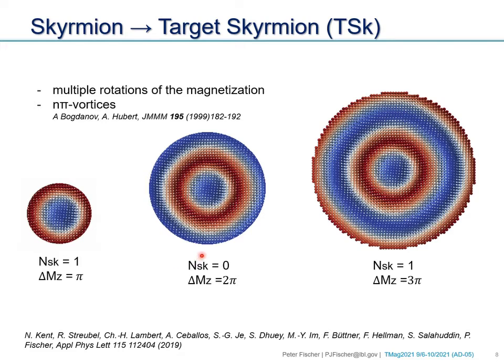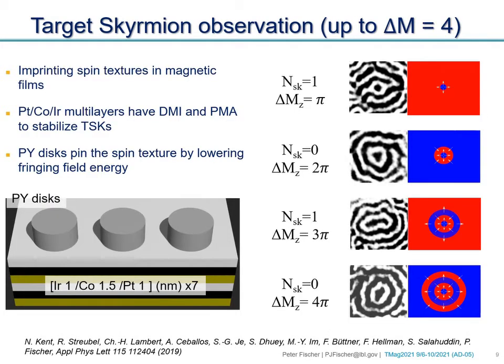But we actually tried to fabricate those target skyrmions and prove that they are really target skyrmions. Because, as I said, theory papers predicted that once you have target skyrmions, you can use them as precursors for Hopfions. And this is how we approached the target skyrmions almost 2 or 3 years back.